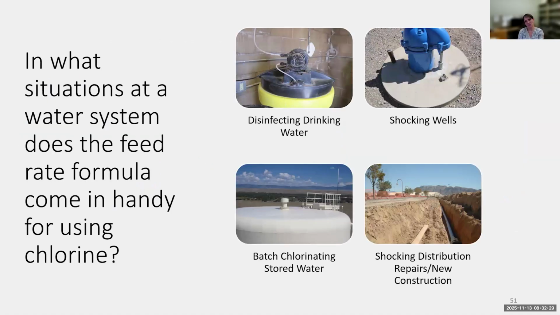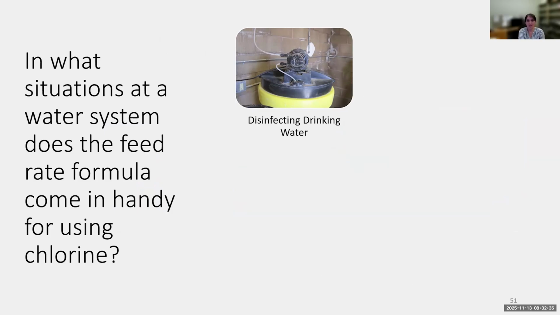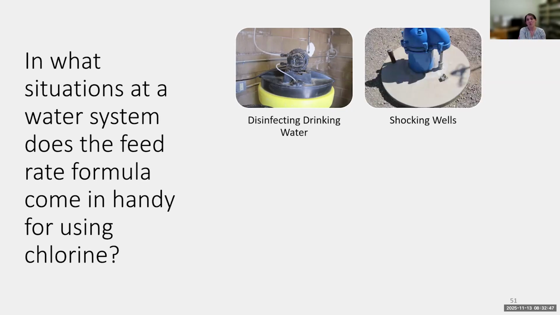So there are a number of situations in a water system where the feed rate formula comes in handy when using chlorine. We can use it when we're disinfecting our drinking water on a day-to-day basis. This can tell us how much chlorine we need to be adding daily. We can use it for shocking wells if we have to disinfect. So let's say you've had some E. coli hits in your well and you need to shock your well.